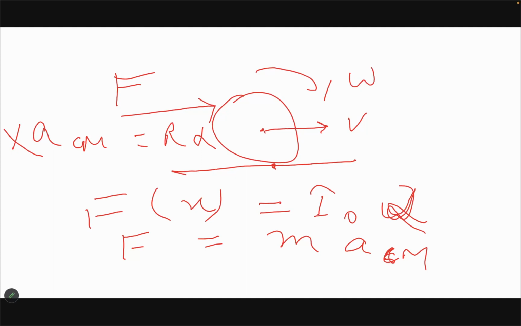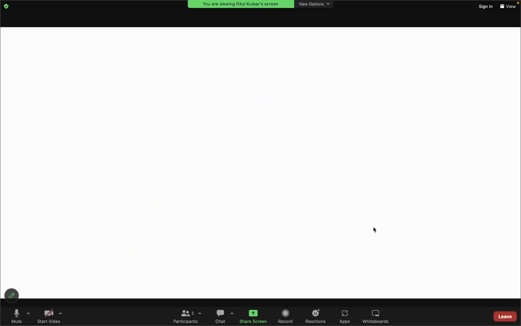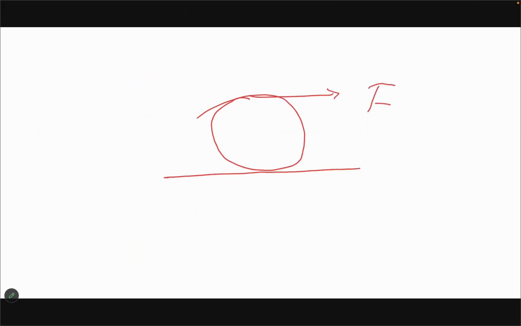Got it. Okay, so let me optimize this theory, or rather problem, by asking you: on a hoop, a ring of mass and radius r, force acted on top, horizontal. Friction will act in which direction here?